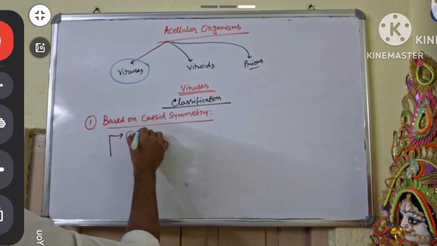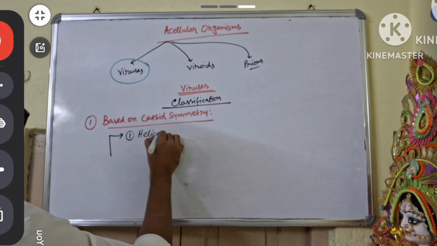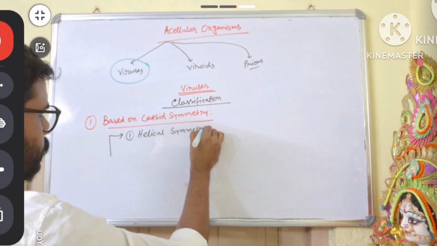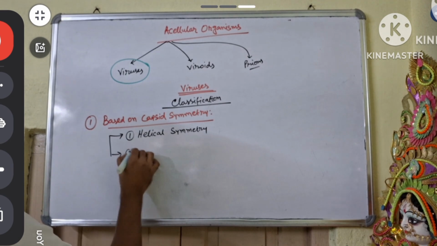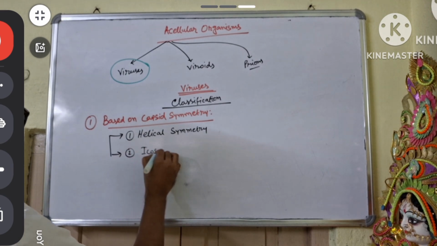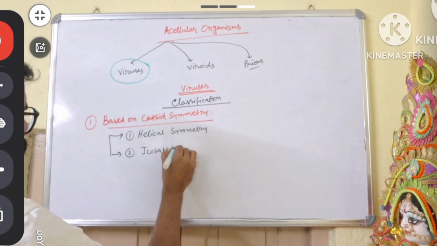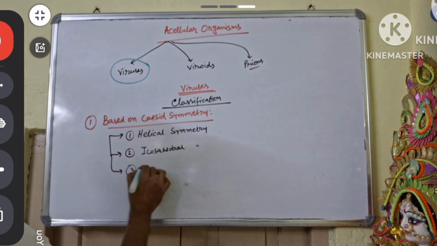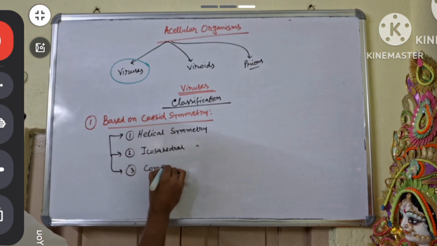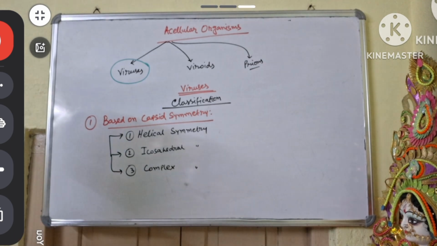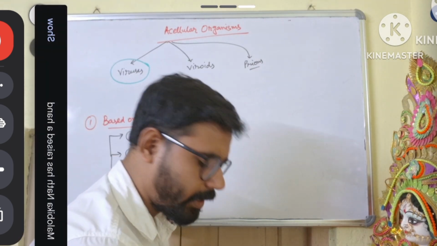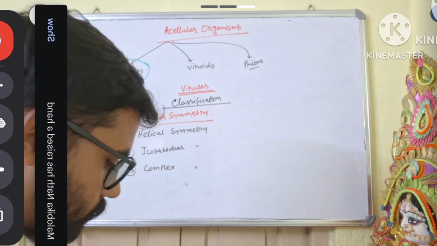Based on capsid symmetry we can classify the virus as number one, helical symmetry; number two, icosahedral symmetry; and number three, complex symmetry. Helical symmetry means capsomers are arranged helically to make up the capsid structure.